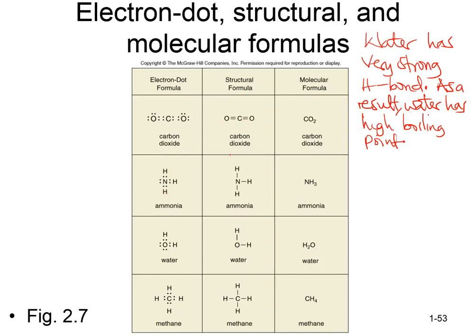A structure formula does not have the dots, it just has the sticks. This is a stick formula or structure formula. Or molecular formula. So I can show you diagrams like this and ask which one is the electron dot formula, which one is a structure formula, which one is a molecular formula.